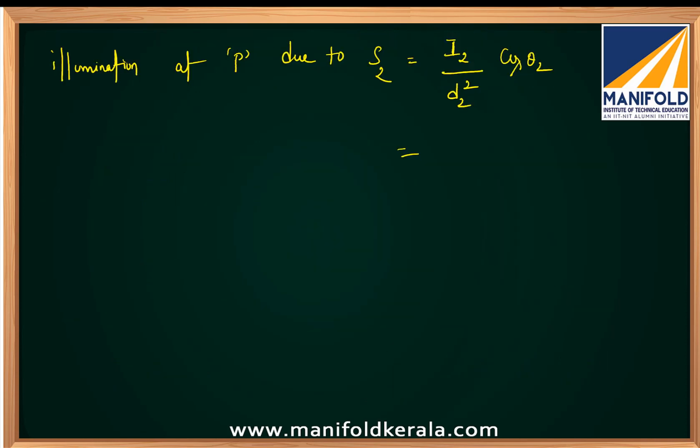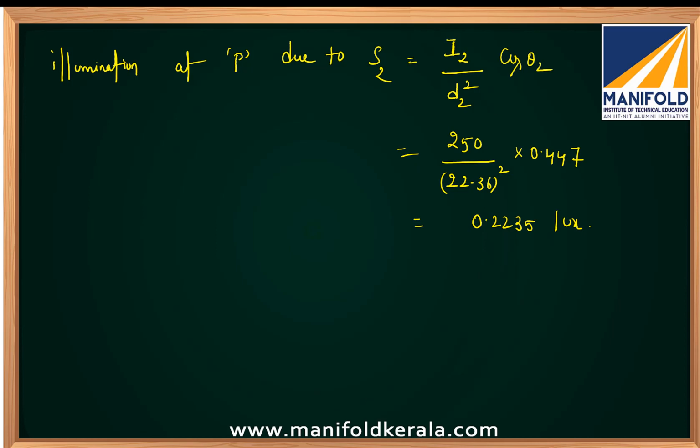So this value is 250 divided by 22.36 whole square into cos theta 0.447. So this value turns out to be 0.2235 lux. So this is the illumination because of source 2 alone at point P.